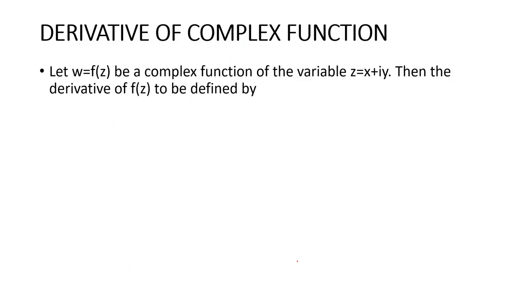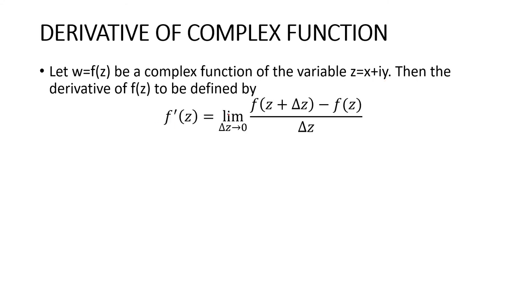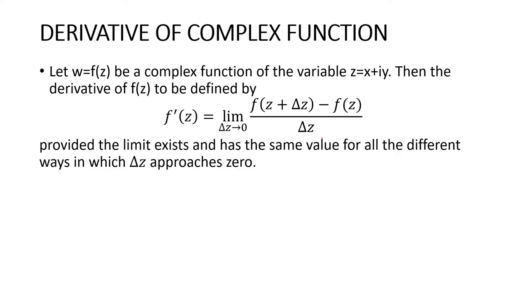Now, the derivative of a complex function. Let w equal to f of z be a complex function of the variable z equal to x plus iy. The derivative of f of z is defined by f dash z equal to the limit as delta z tends to 0 of f of z plus delta z minus f of z by delta z, provided the limit exists and has the same value for all the different ways in which delta z approaches 0.